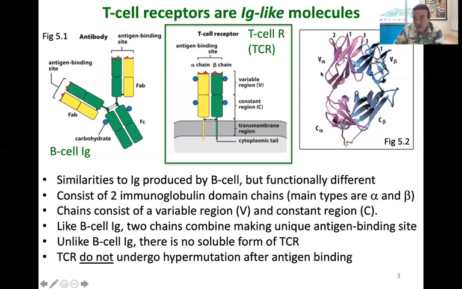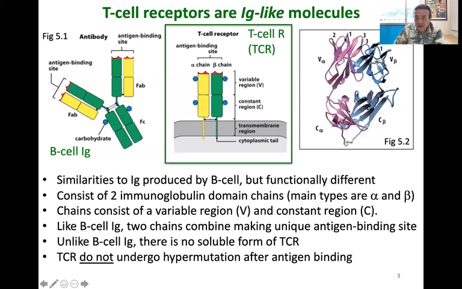On the right is a more realistic ribbon diagram model of a T cell receptor. The purple one on the left is the alpha chain. So here's the variable region of the alpha, the constant region of the alpha. And on the right, the blue one is the beta chain. So you have the variable and the constant.